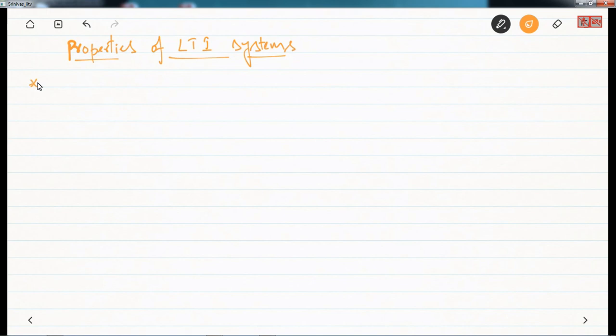So the first thing to note is that an LTI system is completely characterized by its impulse response. What does it mean by its impulse response?